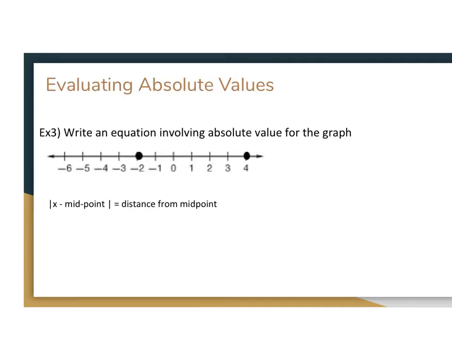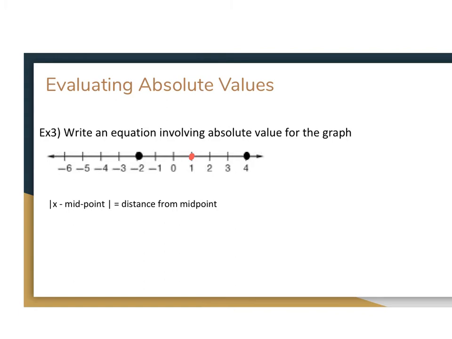I do want to talk again about writing an equation involving an absolute value for the graph. You should recall you have this in your notes. It's x minus the midpoint. In this case, our midpoint, if we count, is going to be 1, because it's 3 from both sides.